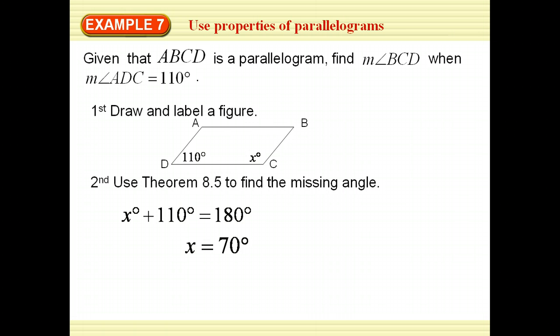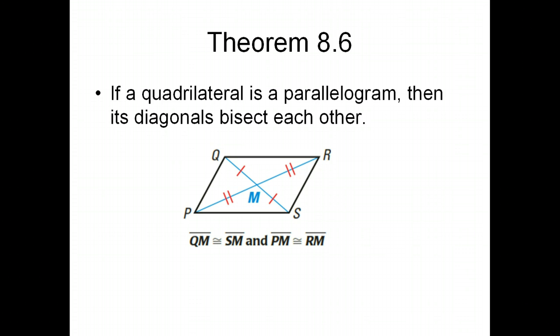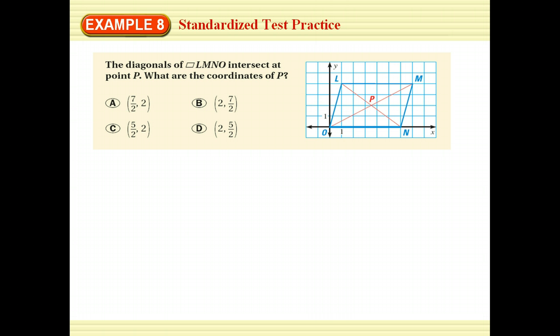This also says that if it's a parallelogram, the two diagonals bisect one another. If I draw diagonal QS and diagonal PR, then diagonal QS is divided into 2 equal parts and diagonal PR is divided into 2 equal parts.